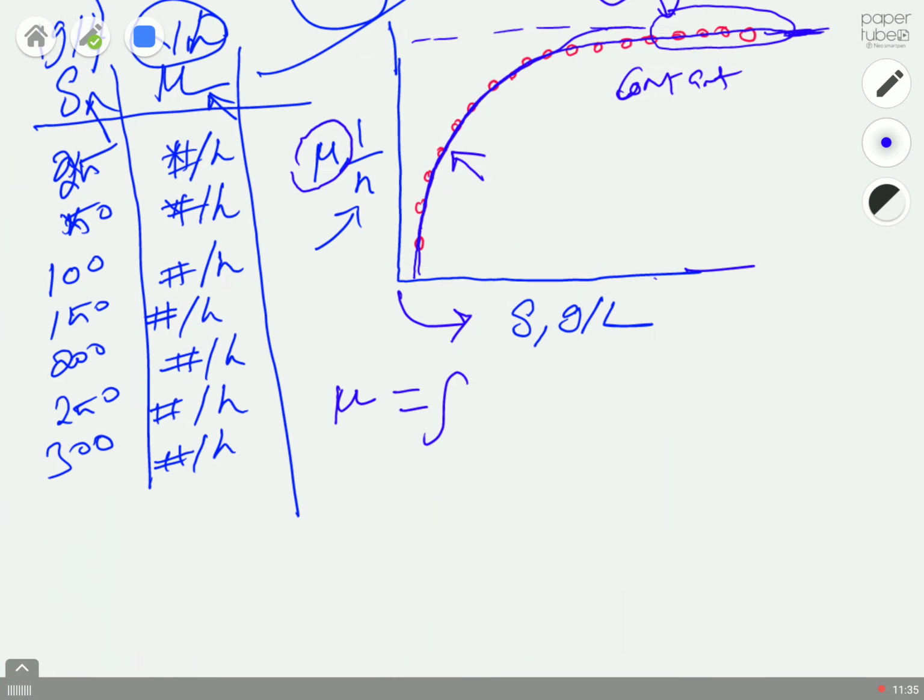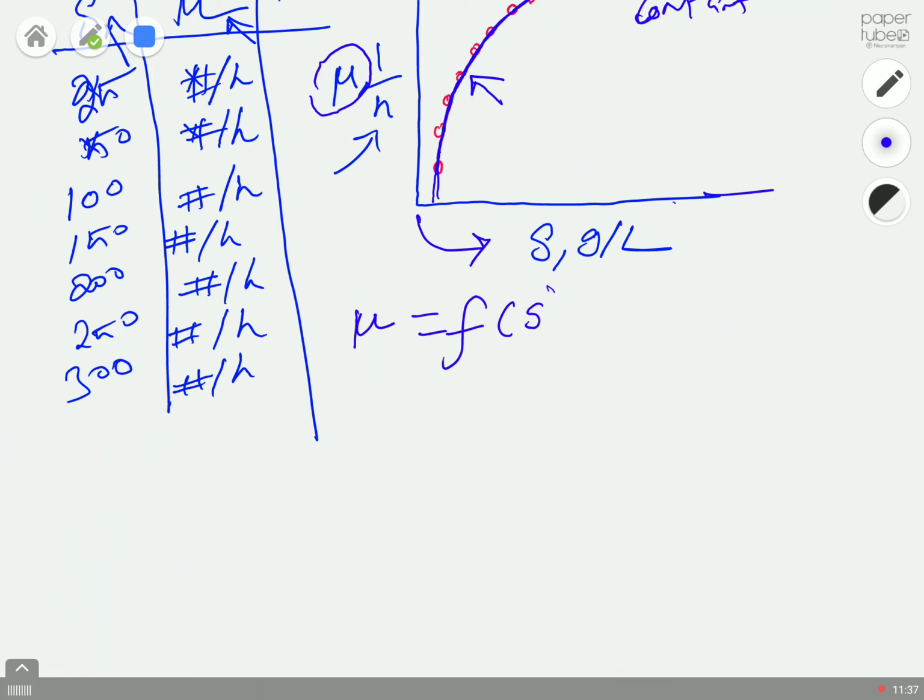Yeah. So the simplest one without any constant is something like this. So we need a function. F is a function of your substrate concentration that can predict your specific growth rate.